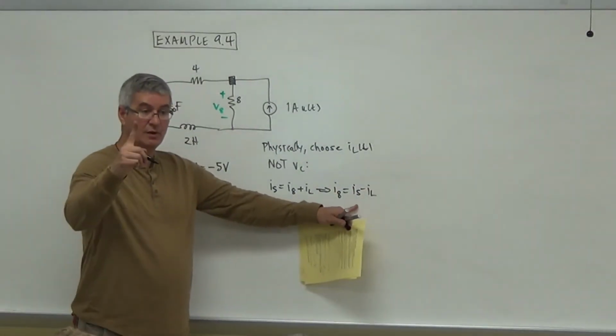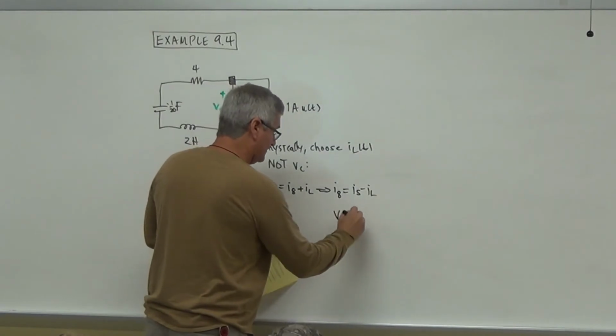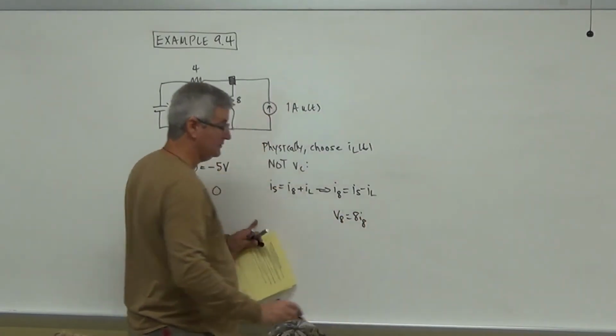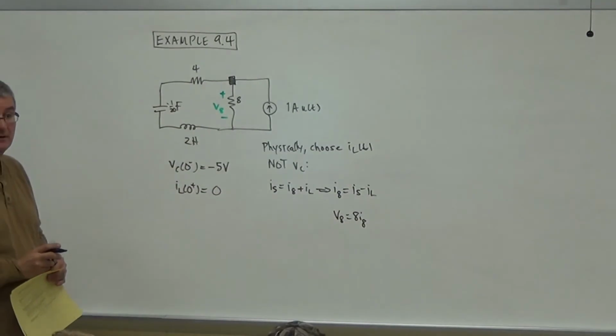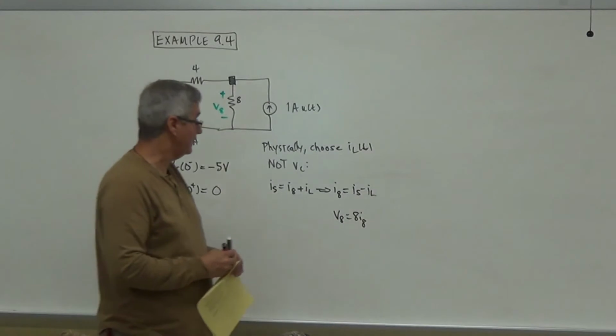That's a number, it's 1. And then the voltage of the 8 is 8 times I8, which makes it easier to do it that way. That's why I'm choosing the inductor current and not the capacitor.